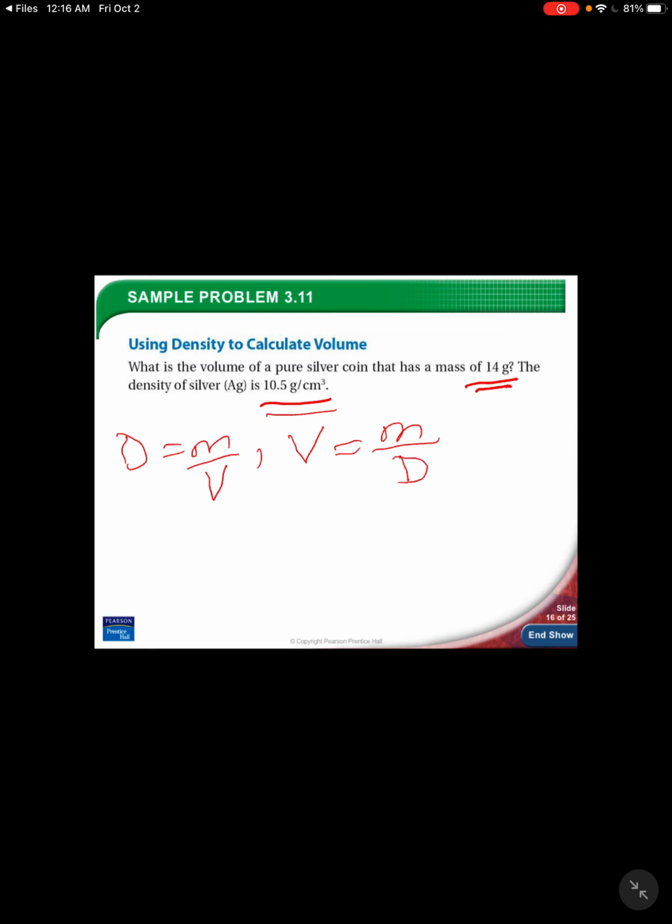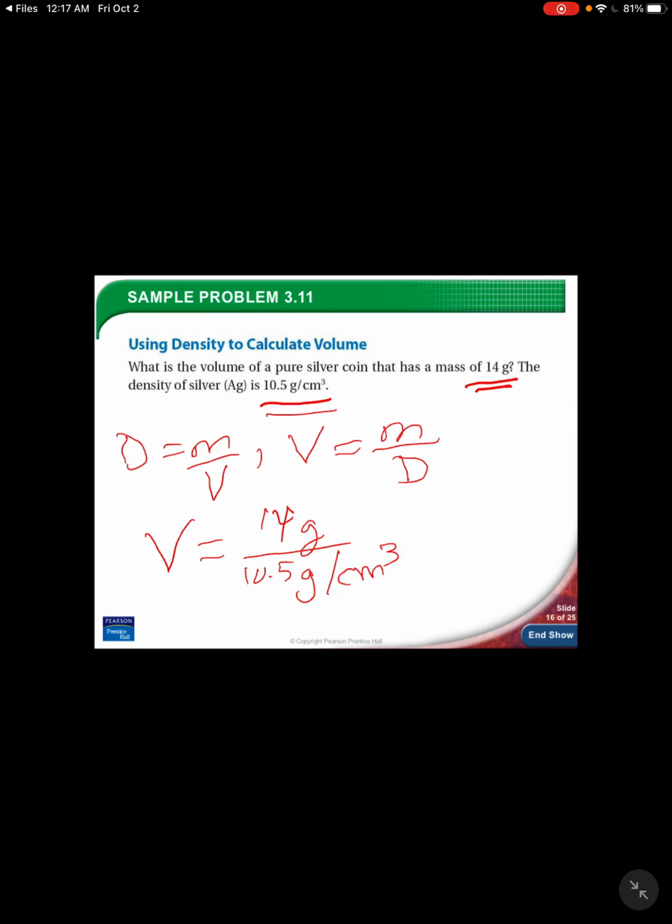And so I can use this equation and rearrange to solve for different values. So in this case, my volume would be equal to the mass, 14 grams, divided by my density, which is 10.5 grams per cubic centimeter.